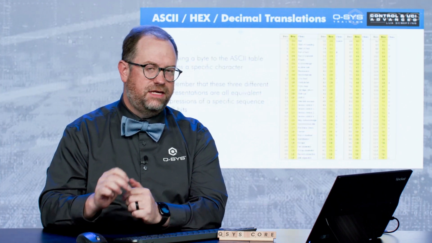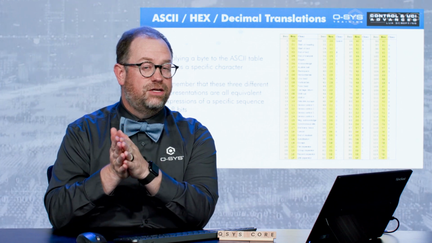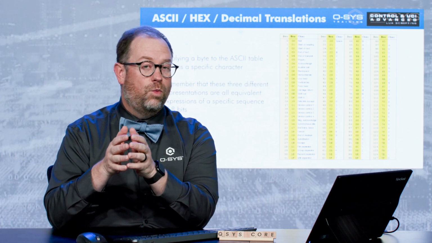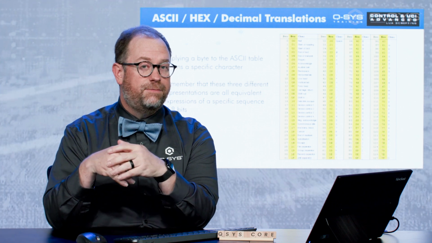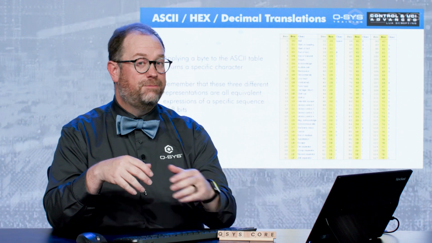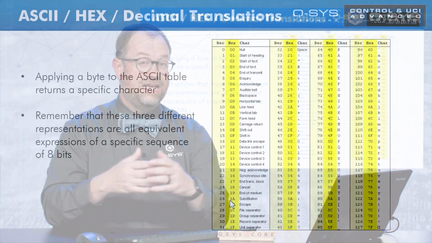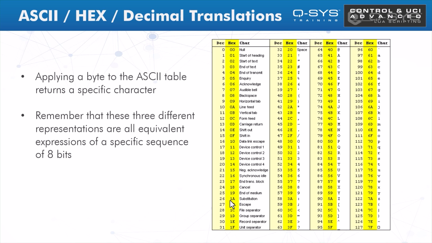Now, when it comes to thinking about Scrabble tiles, we don't typically pick them based off of what number they are. We typically pick them by what letter they are. But at the end of the day, what's being done is you are simply picking an 8-bit pattern.